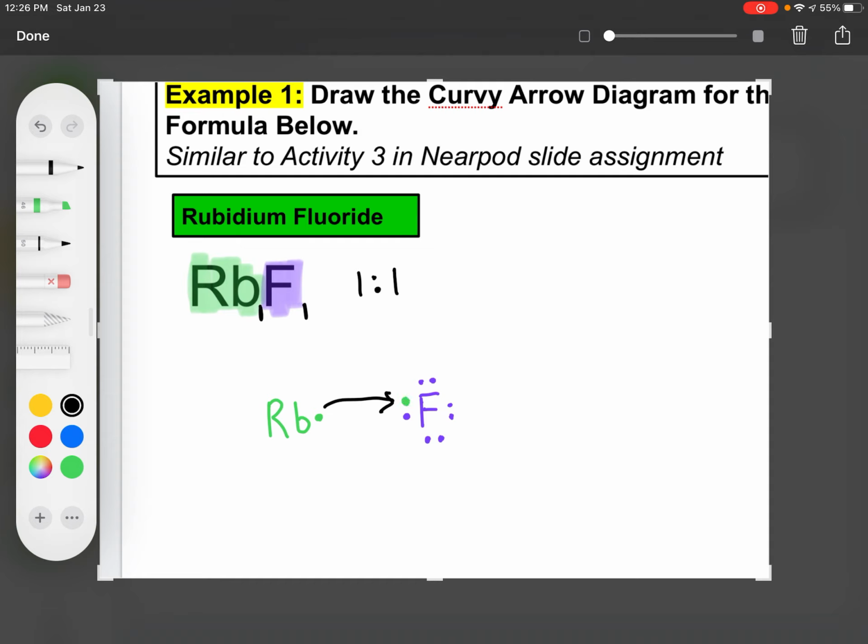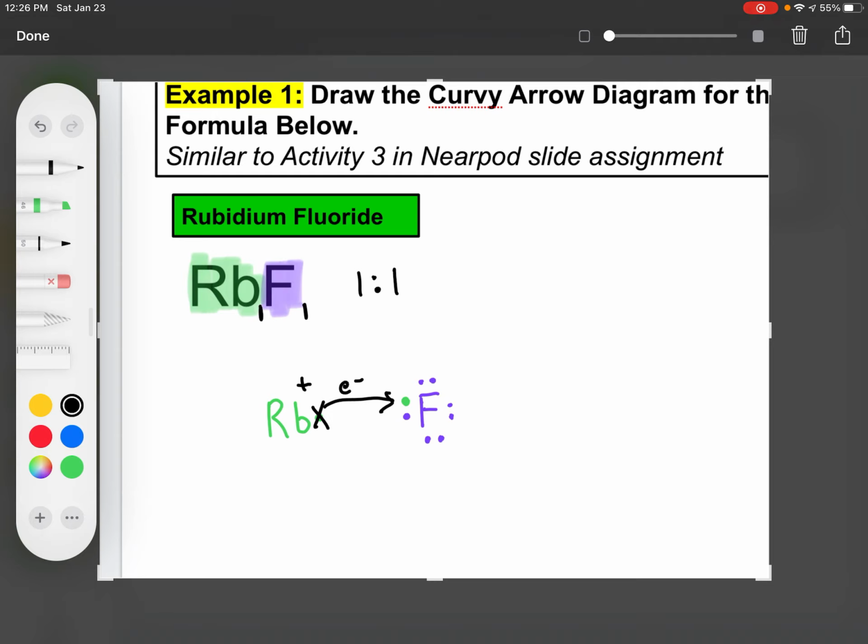Okay, cross out the electron from rubidium. It gave it away because metals are losers. That's what they do. All right, so we are actually moving an electron and a charge here. We're moving a negative charge from rubidium. Since we've taken away a negative, it now has an excess of positive charge, and that's by 1. So it'll be 1 plus, or just plus, for rubidium.